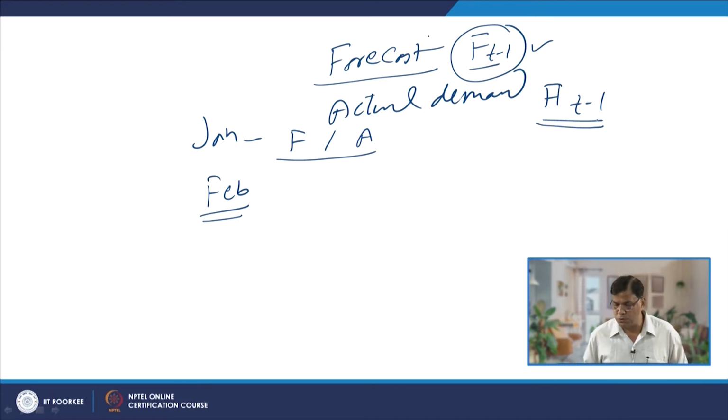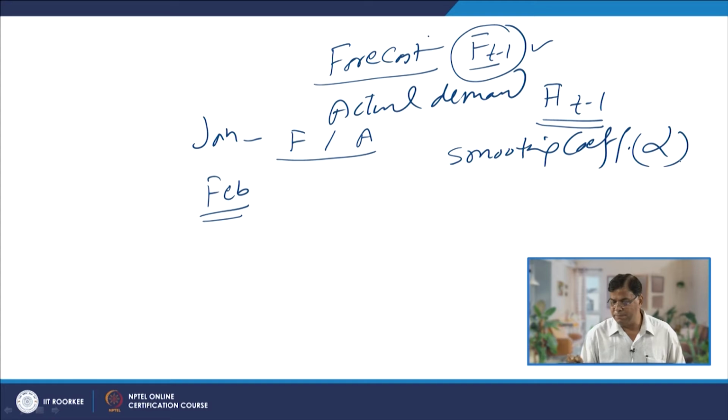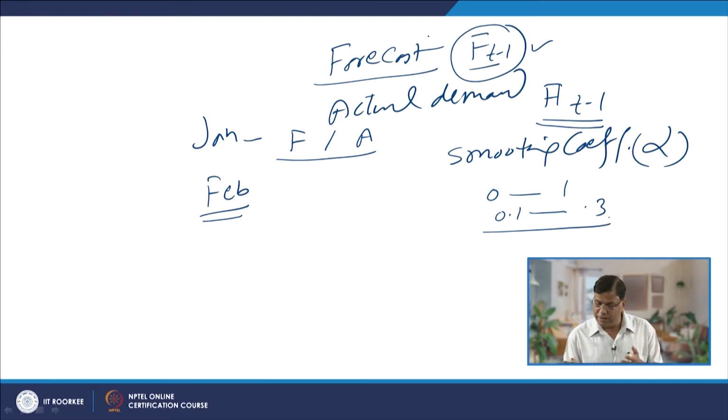Apart from these two parameters, it also considers the smoothing coefficient, which is represented by alpha. Alpha value usually ranges from 0 to 1. The most common values used are 0.1 to 0.3. However, we can use higher or lower values also depending upon the situation.